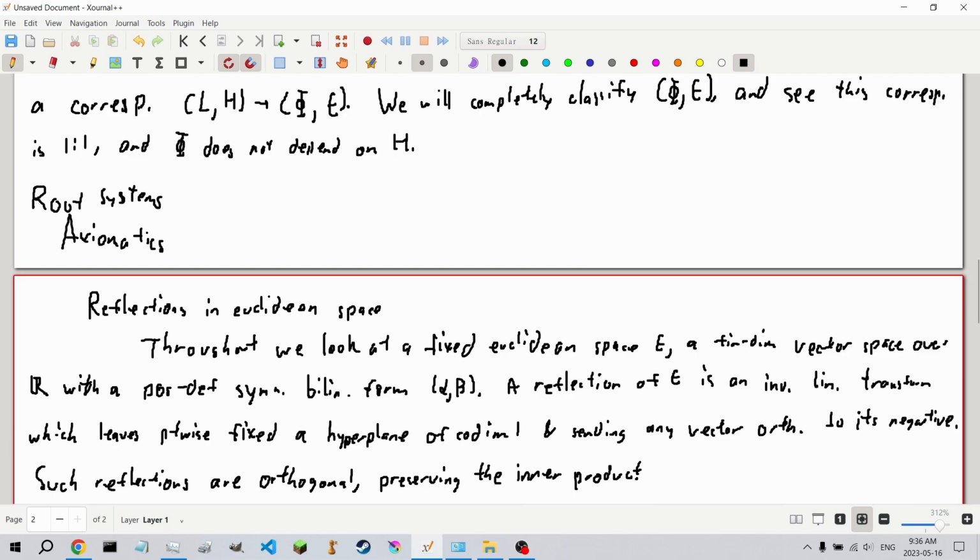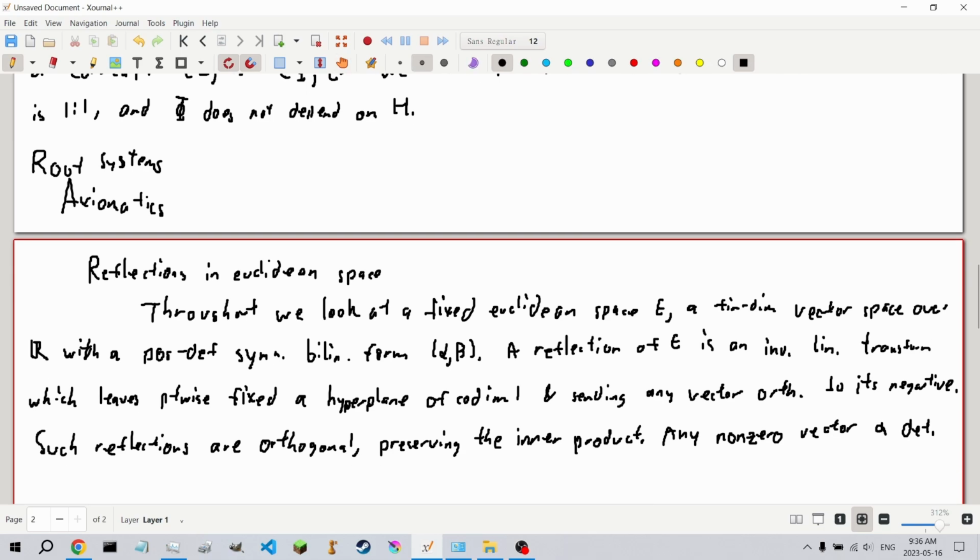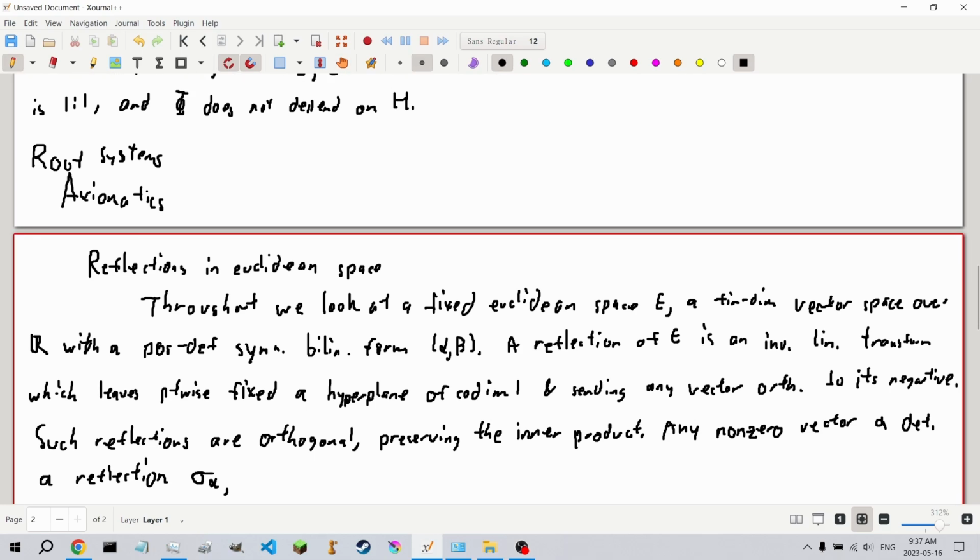And we see that any non-zero vector alpha determines a reflection, which we're going to call sigma alpha, with reflecting hyperplane P alpha defined to be the beta in our Euclidean space such that the form of beta and alpha is 0.